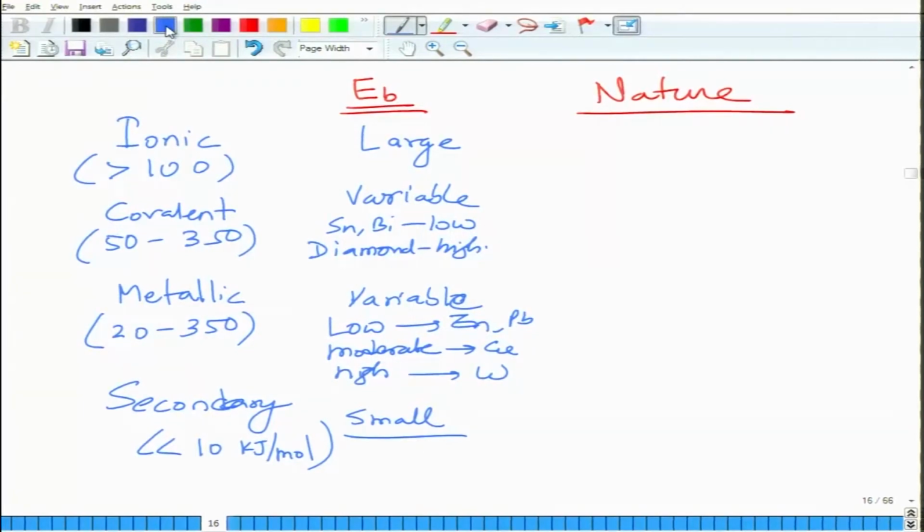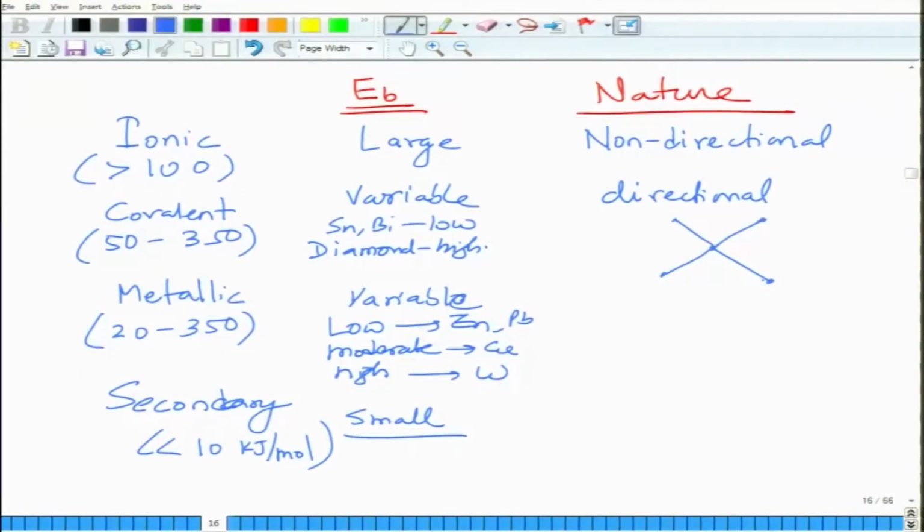Now, an ionic bond is typically non-directional. It does not have a particular directionality. On the other hand, a covalent bond is very directional. If you look at silicon, for example, this central silicon atom is bonded by 4 silicon atoms. These silicon atoms are also bonded by 4 silicon atoms.